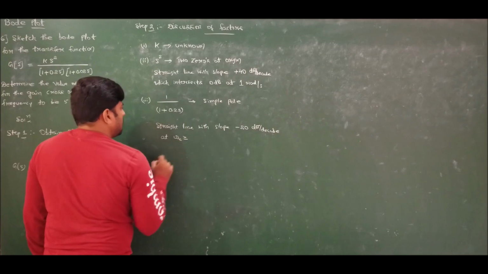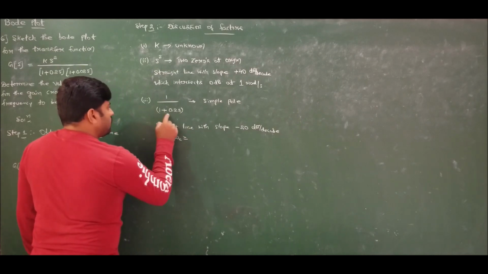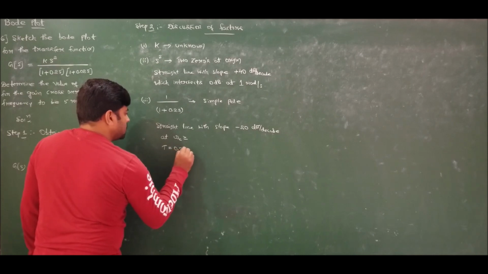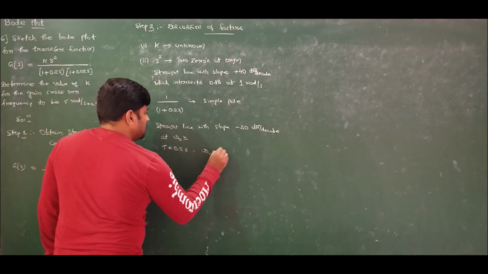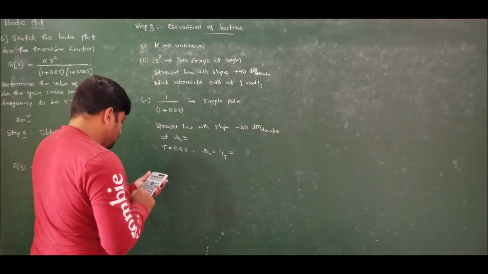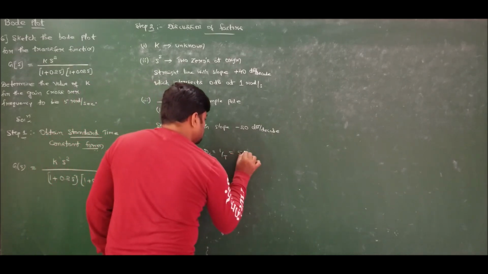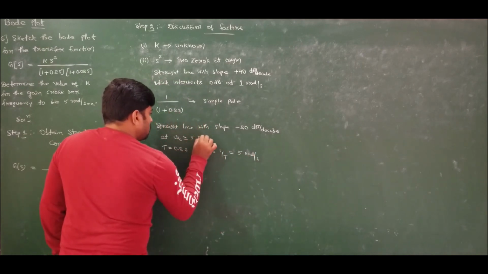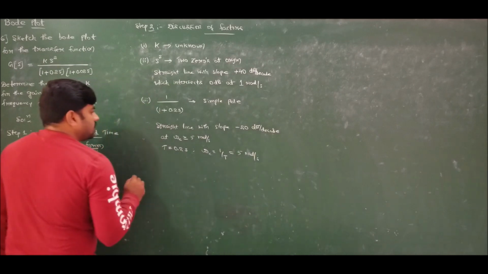At omega c greater than or equal to. So this is of the form 1 plus ts. Hence, the time constant is known, 0.2 seconds. Hence, omega c is 1 by T, which is 1 by 0.2, which is nothing but 5 radians per second. So greater than 5 radians per second.